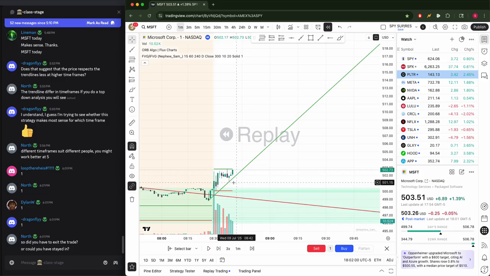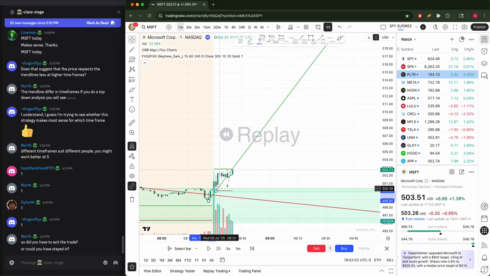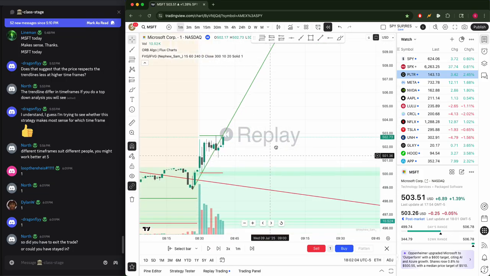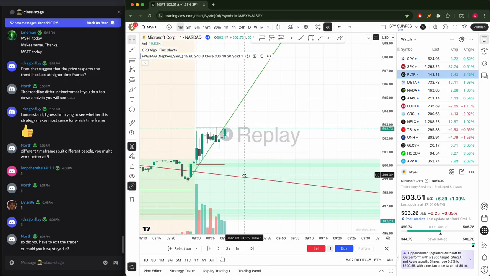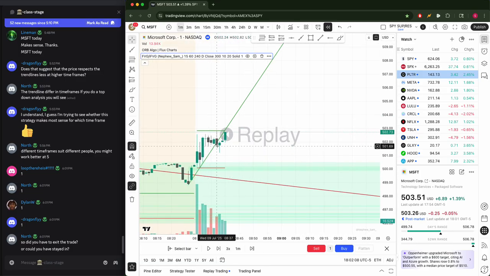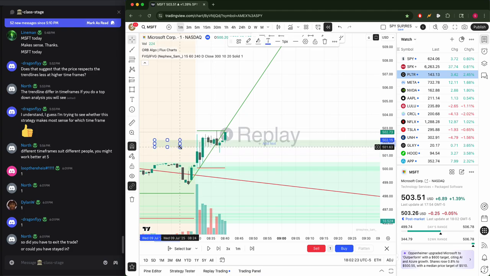So here, yes, you would have had to exit this trade because our stop loss is always a candle close below this line, right? One thing I did say though is that if we had a fair value gap at the line, then that's something that could have kept you in the trade. Like let's say we had a fair value gap from back here, like that, right?